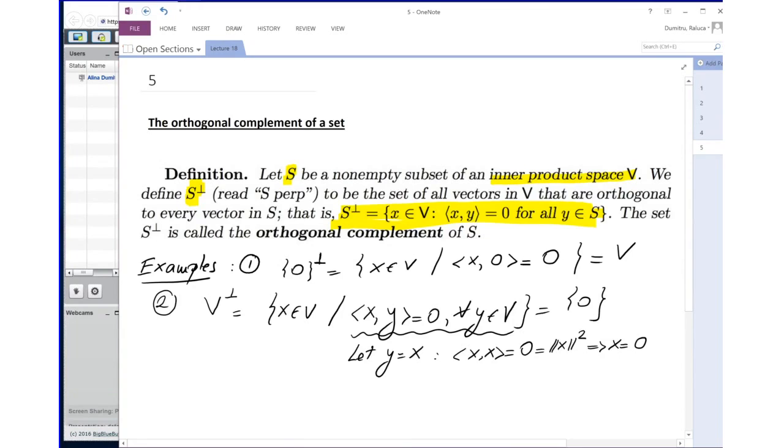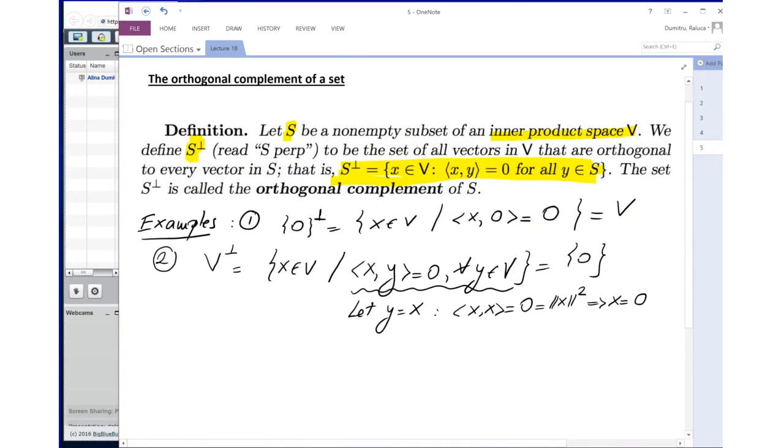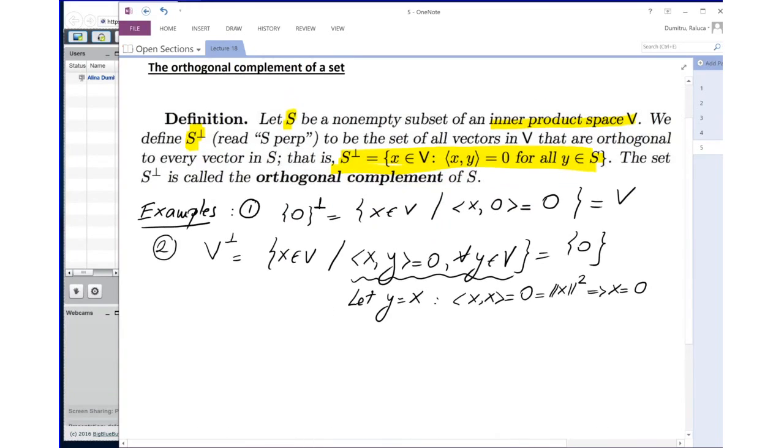In fact, based on this idea, we can see now that the intersection between a set and its orthogonal complement can only contain the zero vector. Why is that?